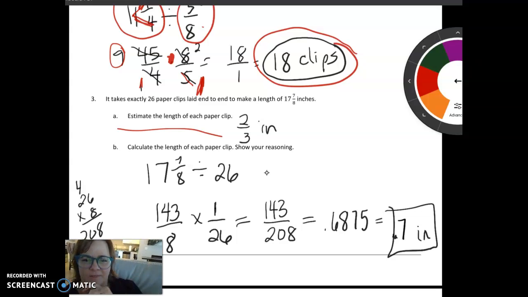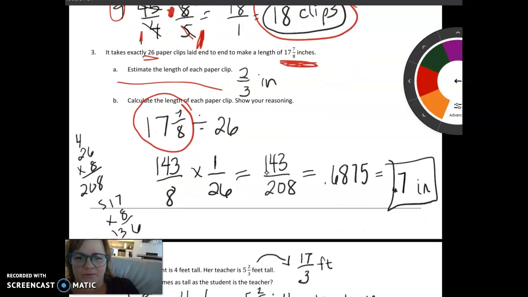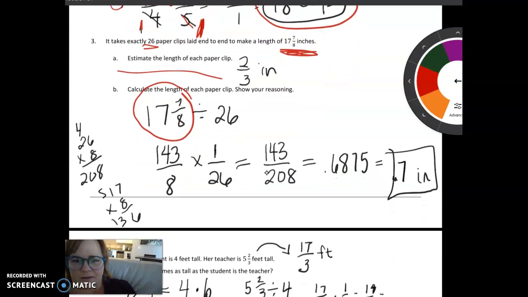So now I'm going to calculate the length of each paper clip exactly by taking 17 and 7/8 and dividing it by 26, because that's the length they all are together, and I know it took 26 of them to get that total distance. So this right here is kind of a bugger. Look how big that mixed number is, and I'm going to turn that into an improper fraction by multiplying 17 times 8, and I get 136, and then I add 7, and I get 143.